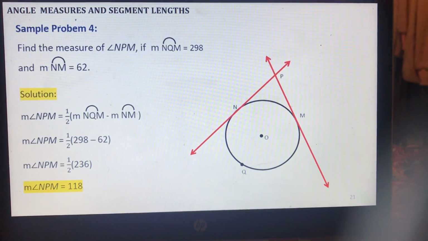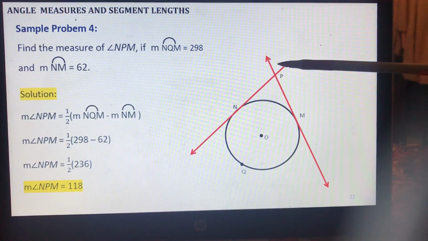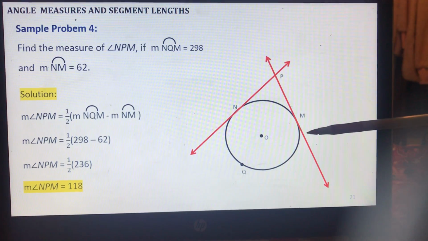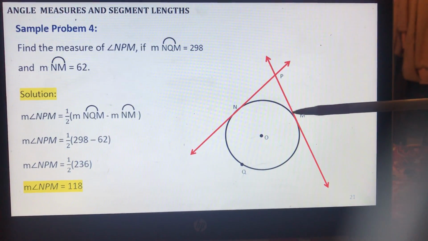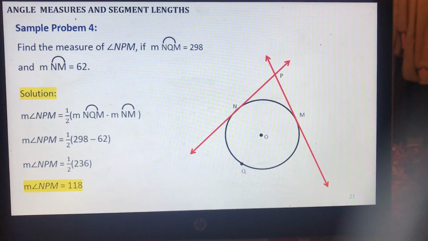Now we move on to our next sample problem. We have to find the measure of angle NPM if the measure of arc NQM is equal to 298 and the measure of arc NM is equal to 62.